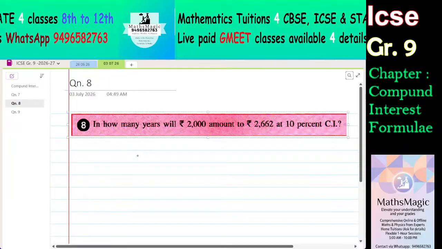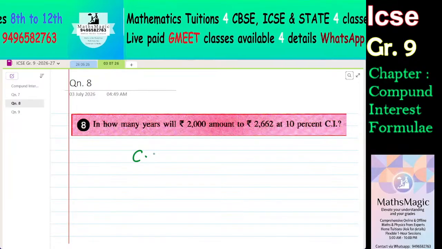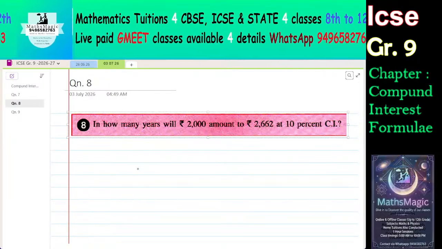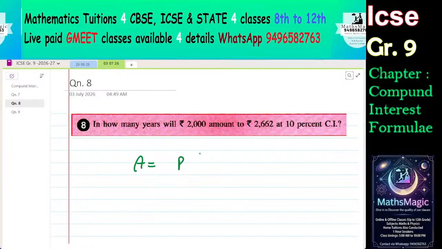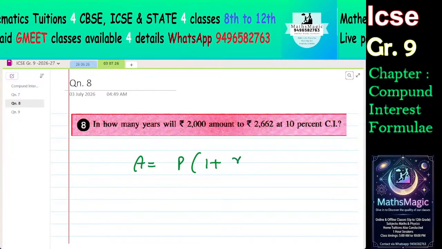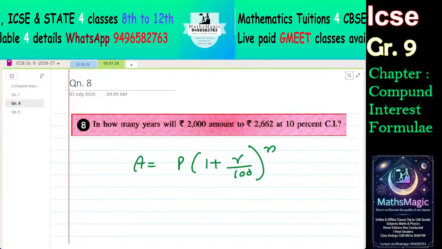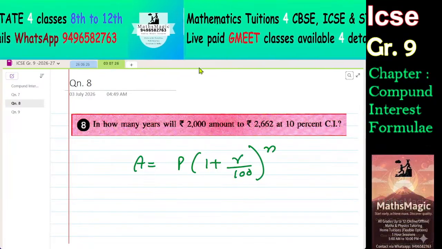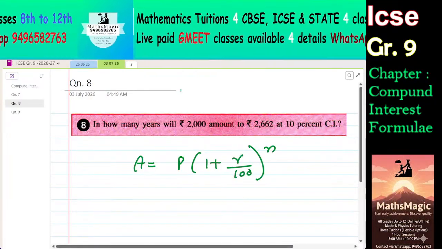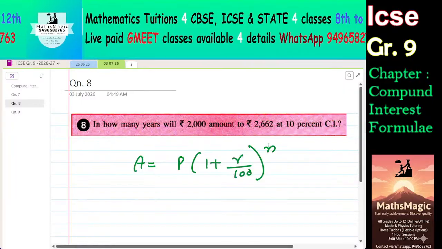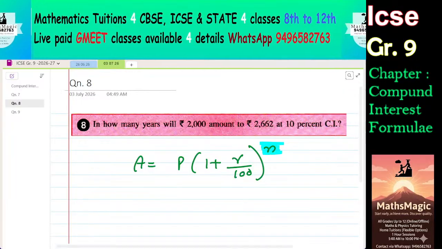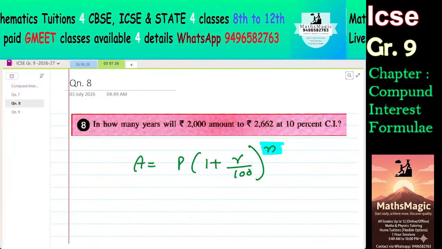Now we have the compound interest formula as amount equals P into 1 plus R by 100 the whole raised to N. So just highlight what we have to find. How many years? So yeah, it's clear. N we need to find.